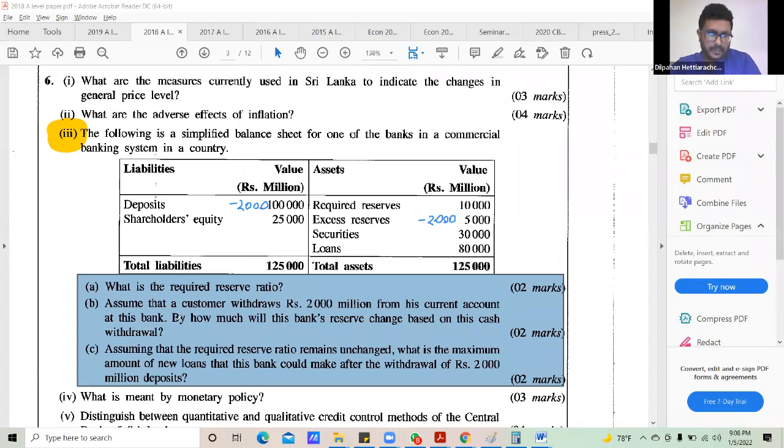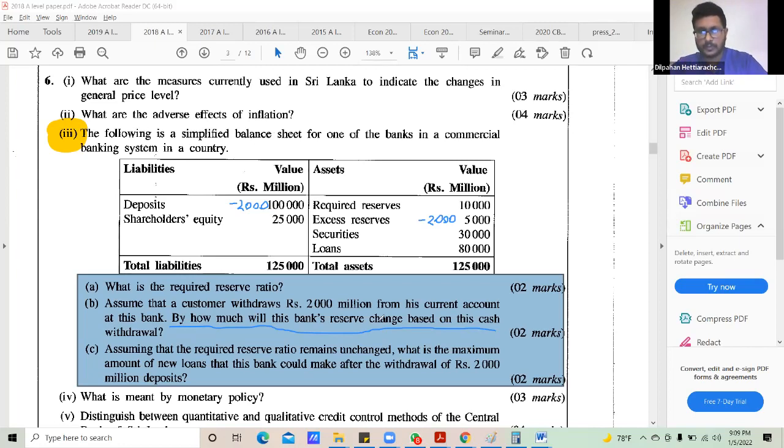Yes. So what's the question? By how much will this bank's reserves change on this cash withdrawal? So then you have to tell the initial reserves, or before the withdrawal, reserves equals 10,000 plus 5,000, 15,000. After the withdrawal, reserves equals 10,000 plus 3,000, 13,000.